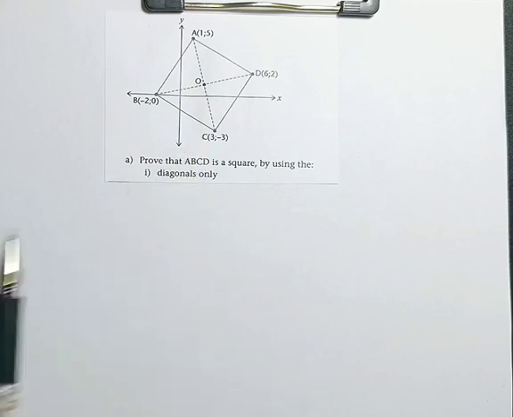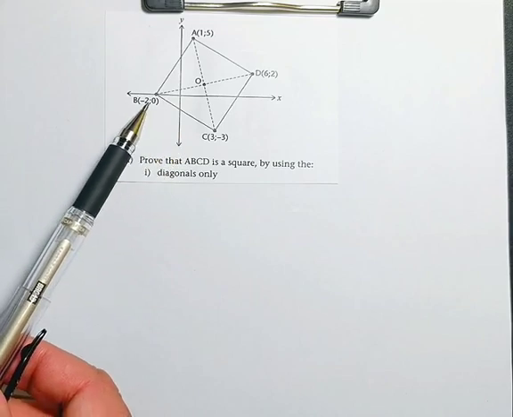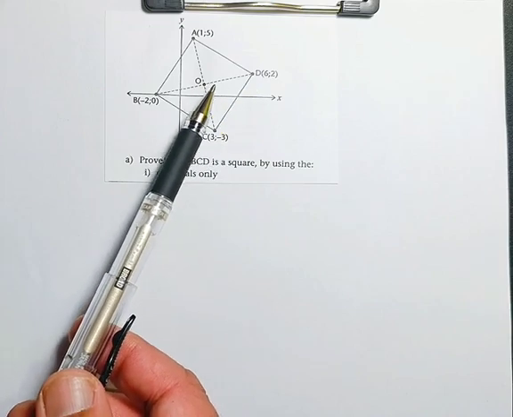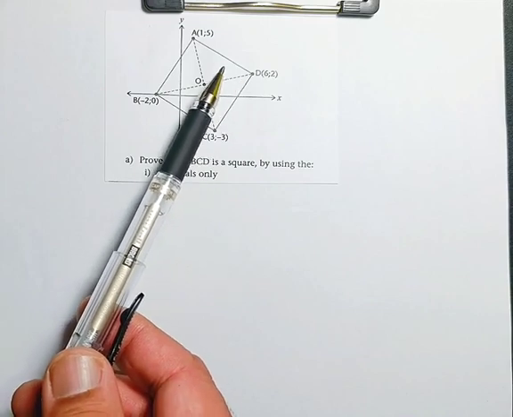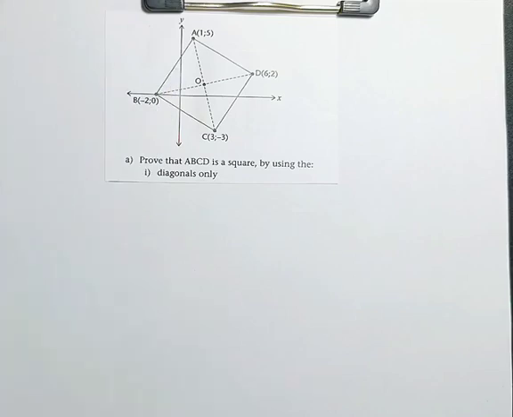But in this case, this is only a simple quadrilateral, so we have to prove first this is a parallelogram. To prove this, we're going to take the midpoints of AC and BD, and if the midpoints are the same, then we can say both diagonals bisect each other at O. So let's do that first.